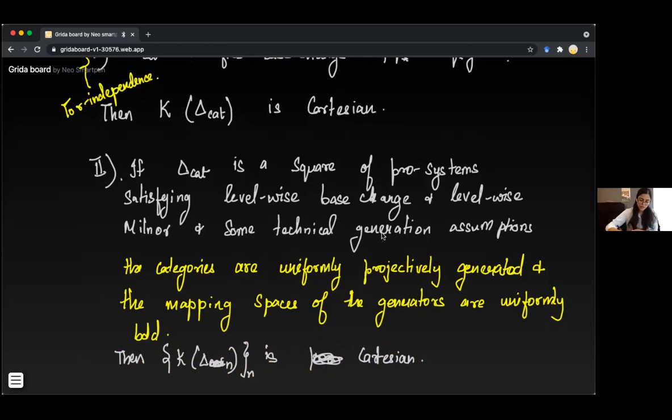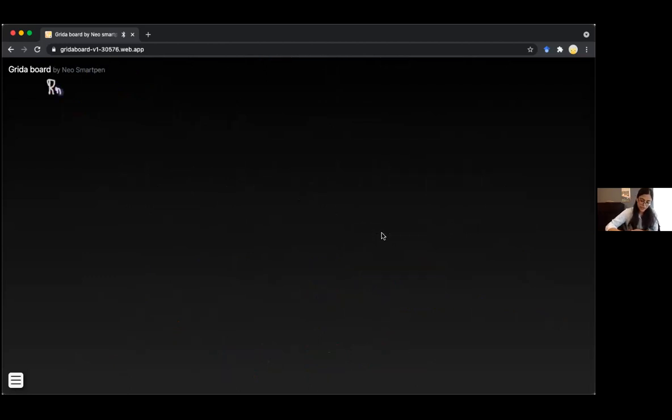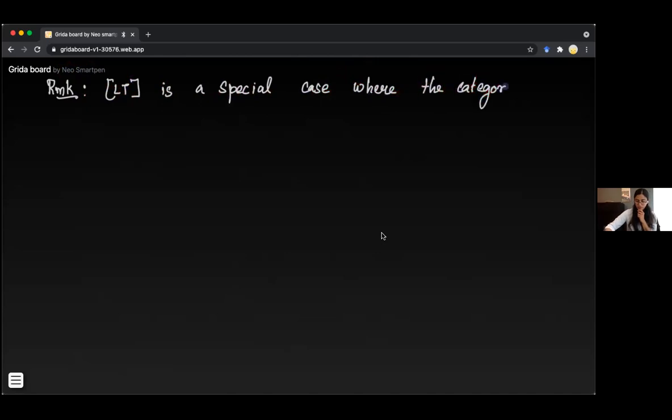And so in the special case when your categories are just module categories over some even rings, this is the result of Land-Tamme. So Land-Tamme is a special case where the categories are module categories over some even ring.